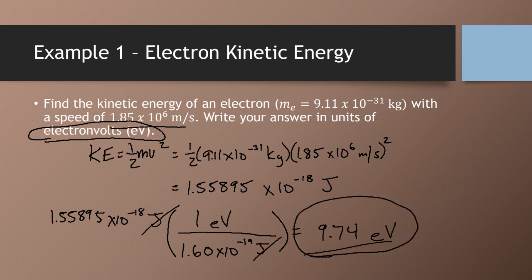It'd be easy to compare to another electron that had an energy of, say, 8 electron volts or 12 electron volts. We'd be able to tell the difference between those three relatively easily. But it's a lot harder to tell the difference in units of times 10 to the minus 18. So we use electron volts because it just makes the numbers easier to deal with and easier to talk about.